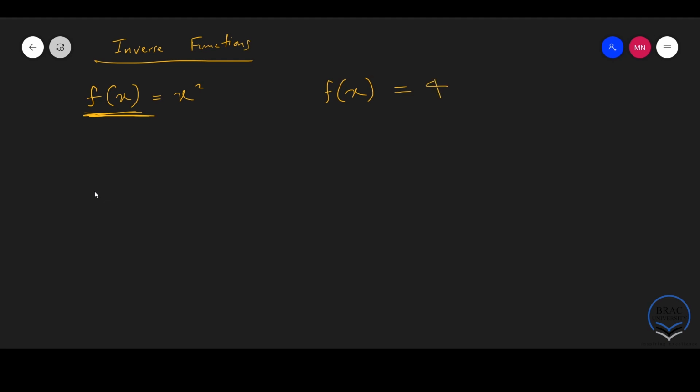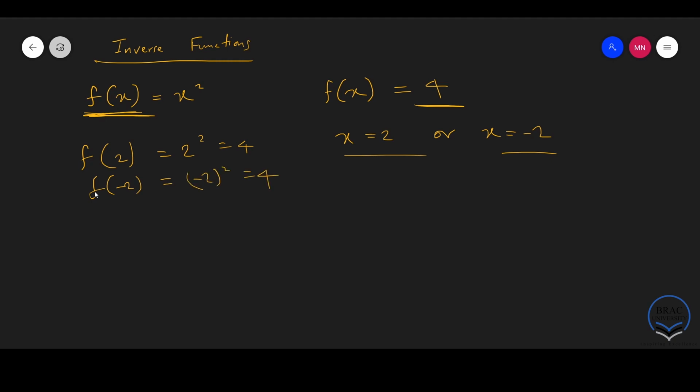Then my corresponding inputs could be x equal to 2 or x equal to minus 2. We can check this: f of 2 is 2 squared, which is 4, and f of minus 2 is minus 2 squared, which is also equal to 4.